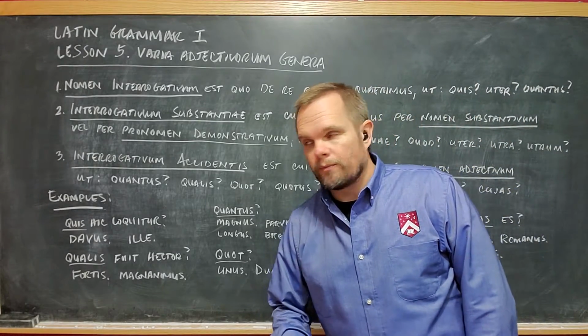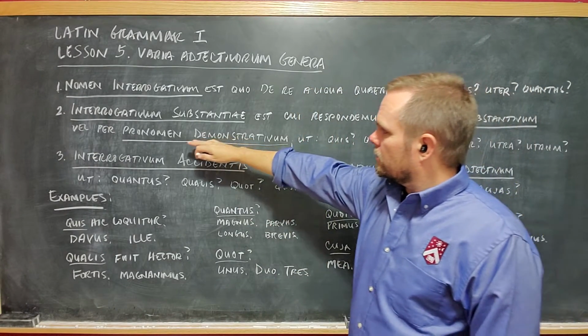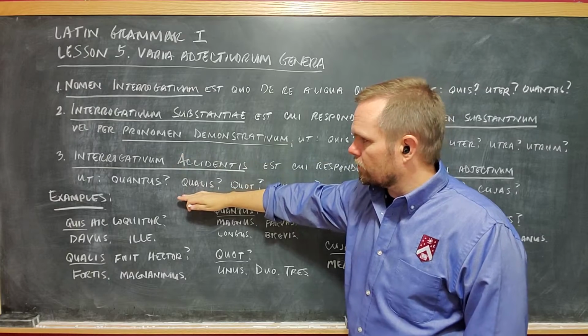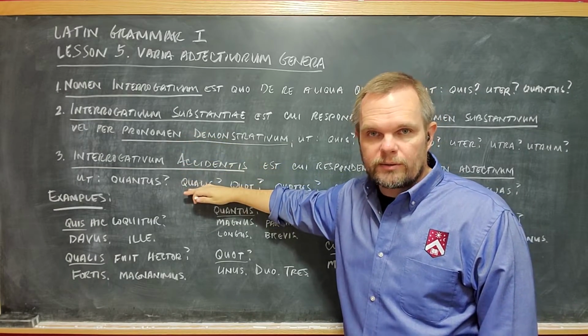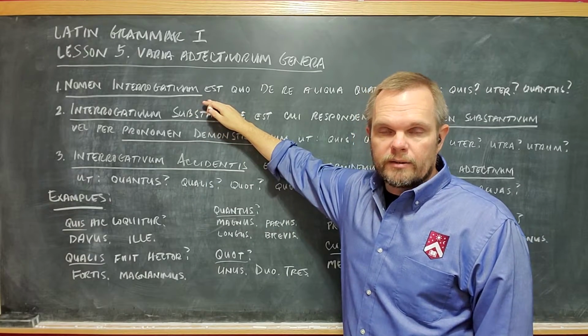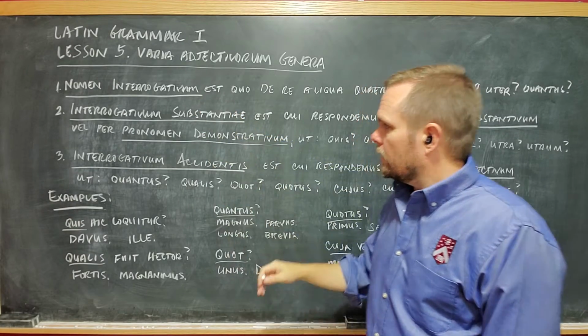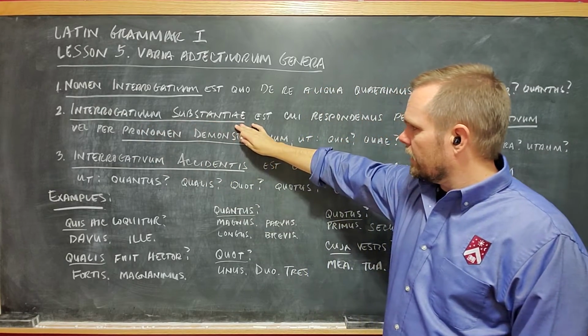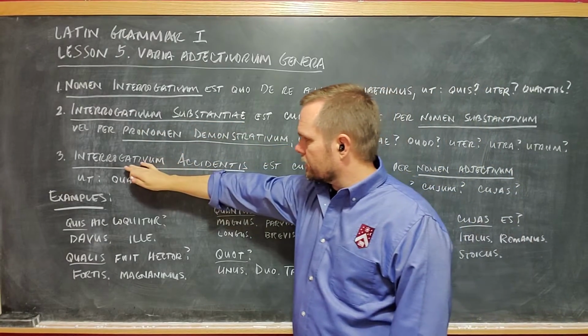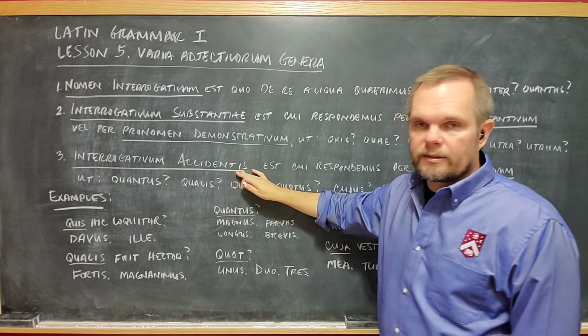In definitions 2 and 3, we're simply going to look at 2 different kinds of interrogative nouns. The first one is interrogativum substantiae, and the second is interrogativum accidentis.